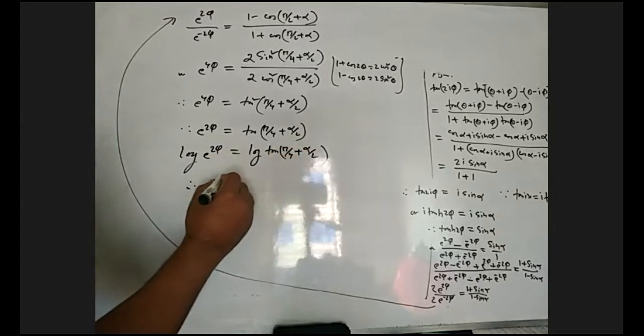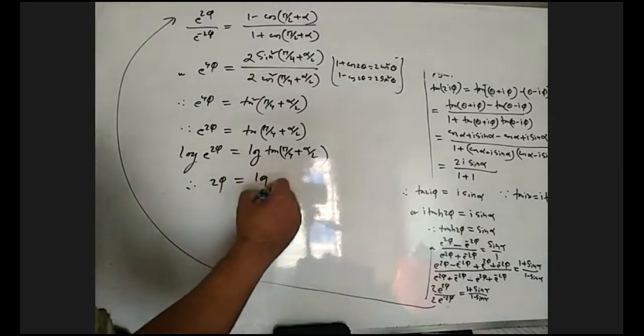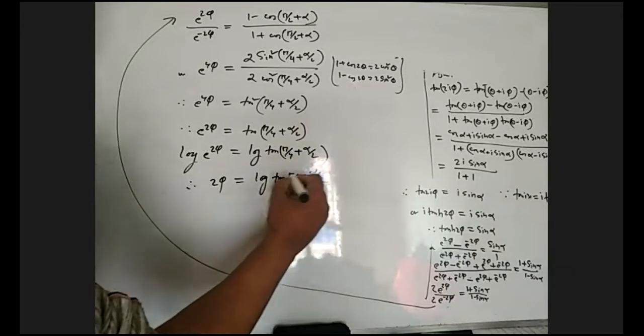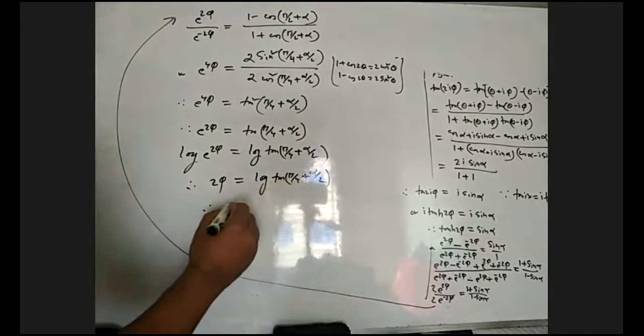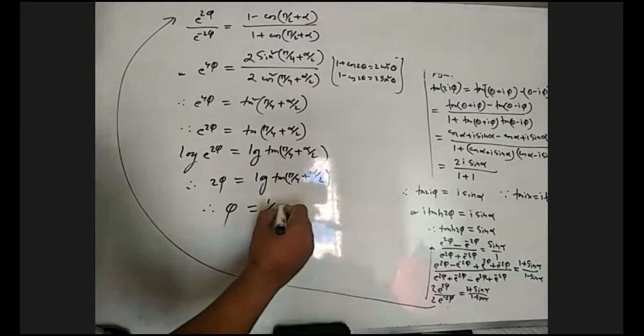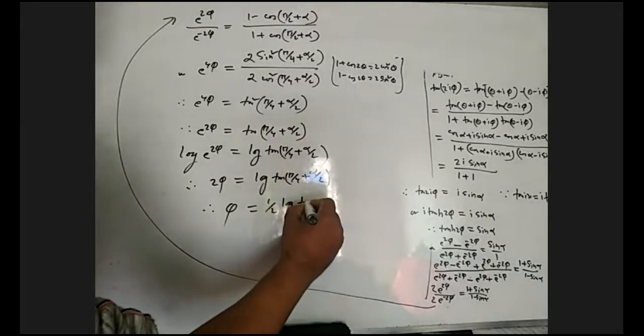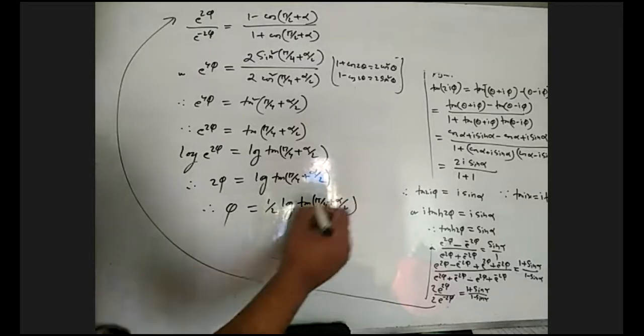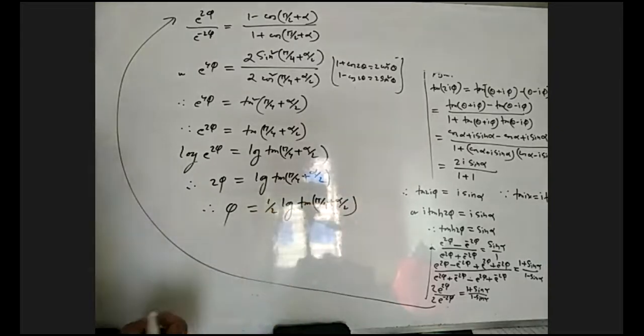So twice π equals log tan of (π/4 plus α/2). Therefore, π equals half log tan of (π/4 plus α/2). So this is the proof of the second one.